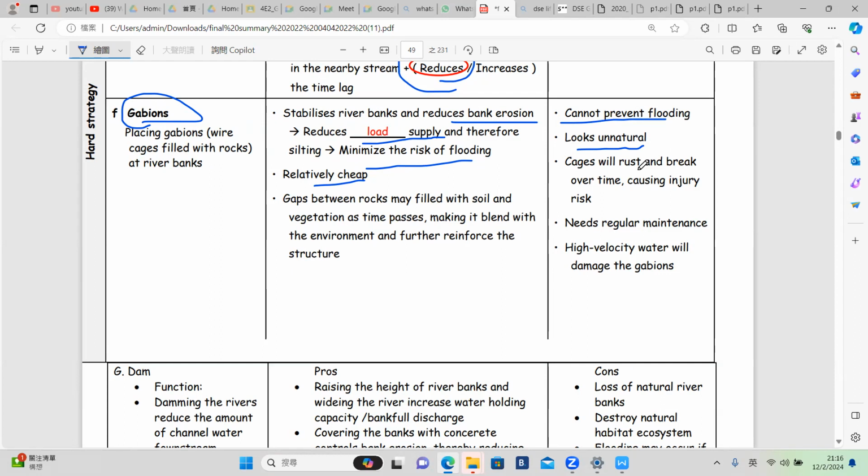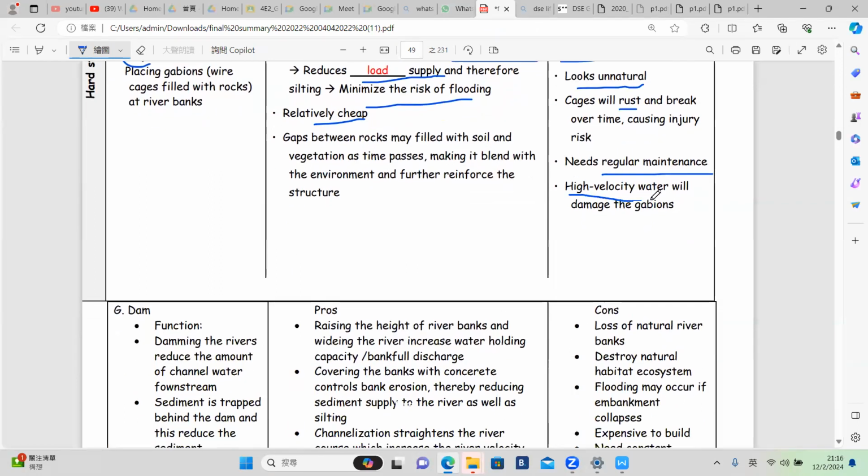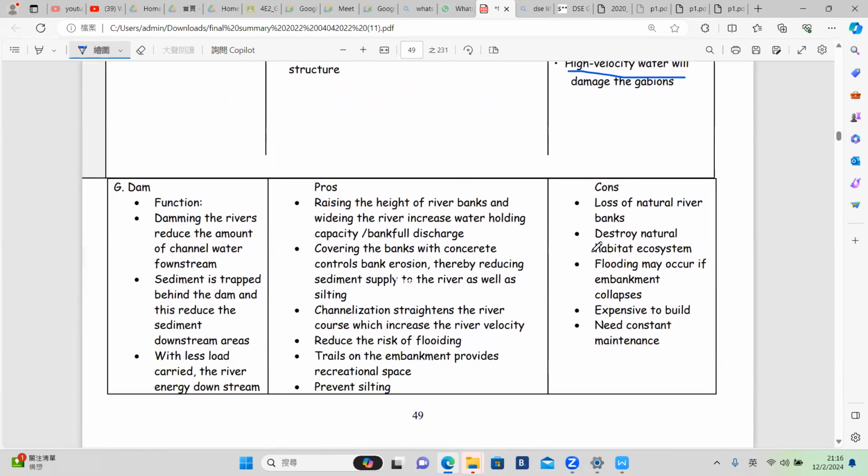The cages will rust and also break down over time, then causing injury risk. Regular maintenance is needed, and also high velocity of the river will damage the gabions as well.